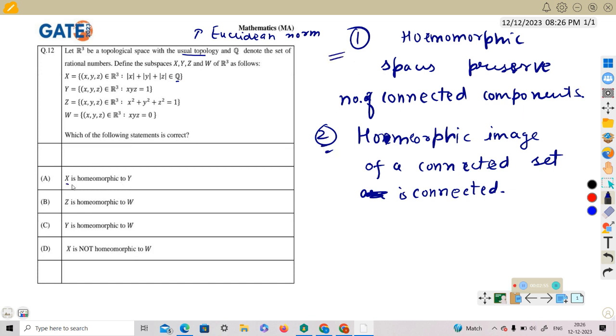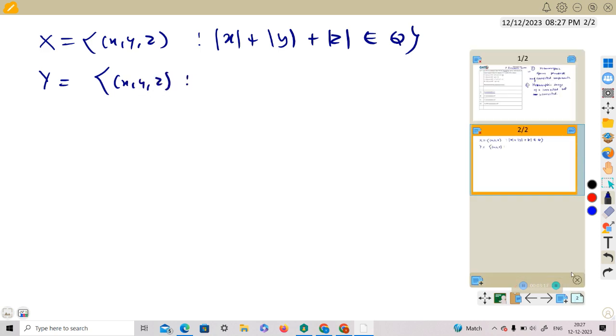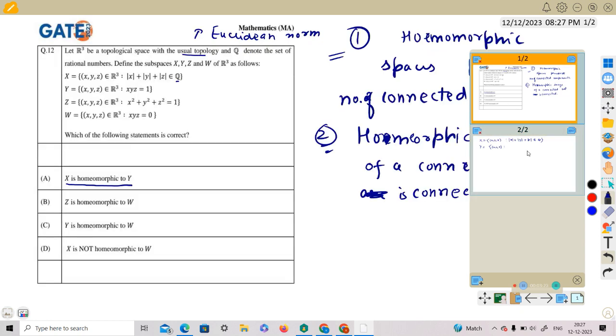So first is the question about whether X is homeomorphic to Y or not. Let me write again: X is the set of (x, y, z) such that |x| + |y| + |z| belongs to Q, and Y is the set of (x, y, z) such that xyz is equal to 1.